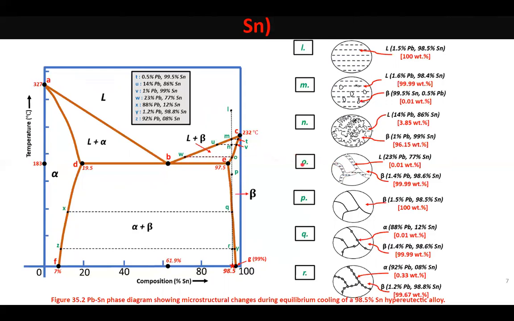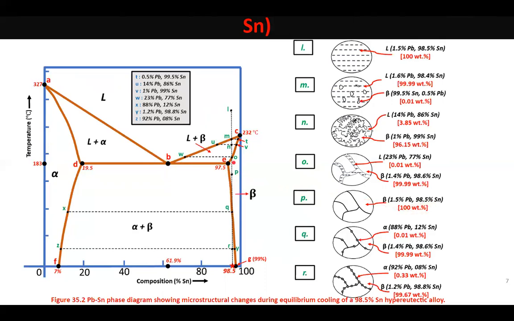Then when you reach a temperature just below point O, complete solidification has occurred, and now there is only one phase in the hypereutectic alloy, and that phase is beta, having the same chemical composition as the alloy you are considering, 100% by weight.